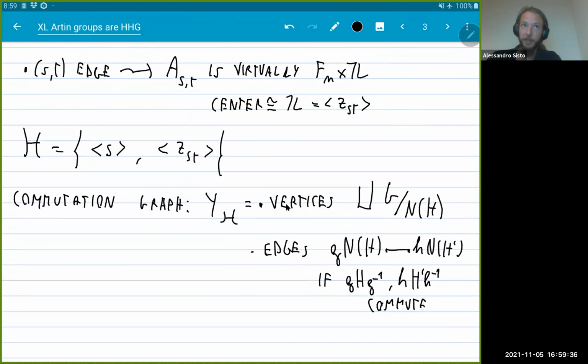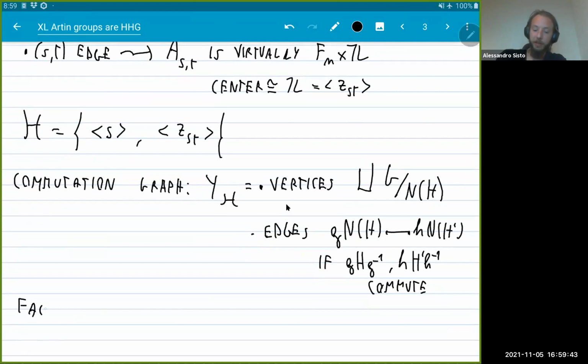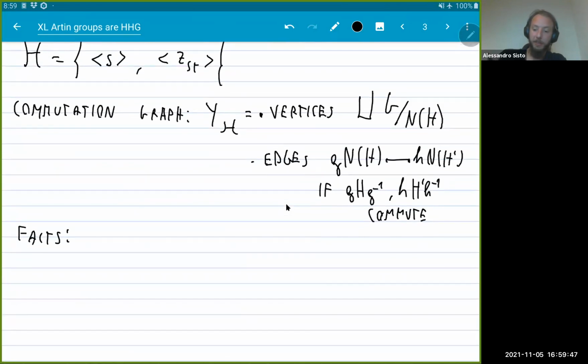Okay, so in this algebraic gadget, so I'll conclude. I'll only need a minute. Various facts about this gadget is that one is hyperbolic.